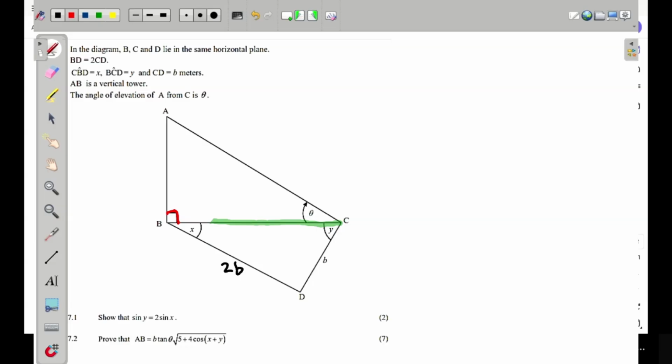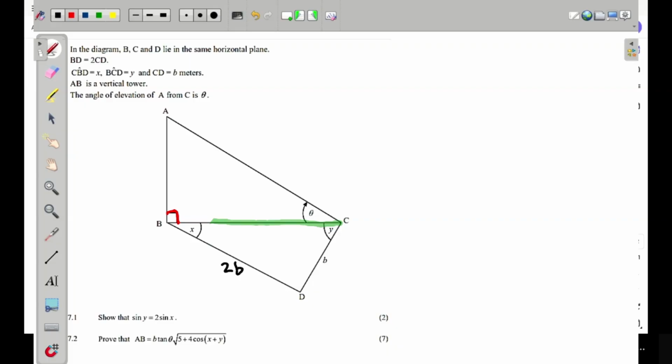Why? Because a vertical tower will always be perpendicular to a horizontal plane. It's one of the things which they do not always indicate, but they will say, and you need to know what it means when they say such.